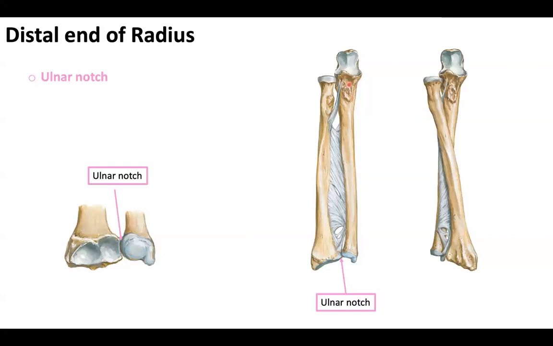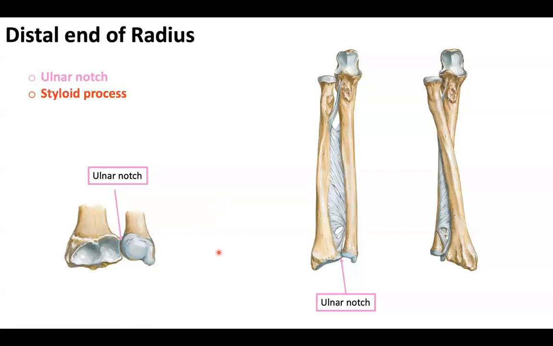So there is a joint between radius and ulna proximally, distally, and also in the middle. The joint in the middle is a syndesmosis joint, but the proximal and distal radio-ulnar joints are synovial joints, specifically pivot joints.